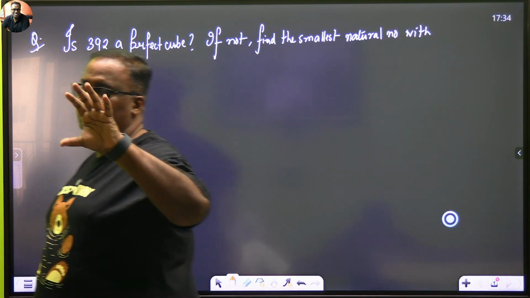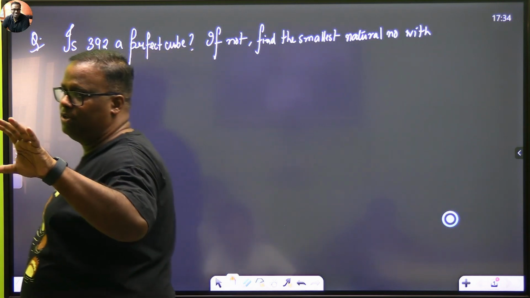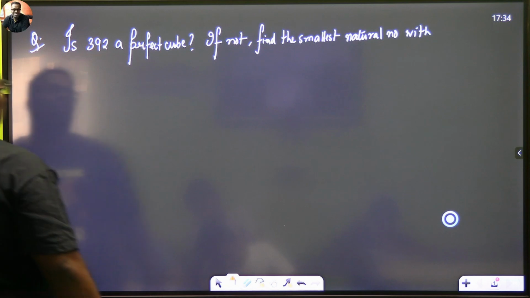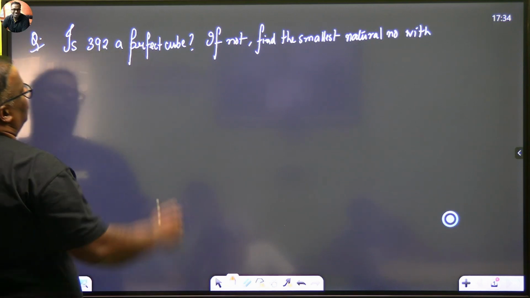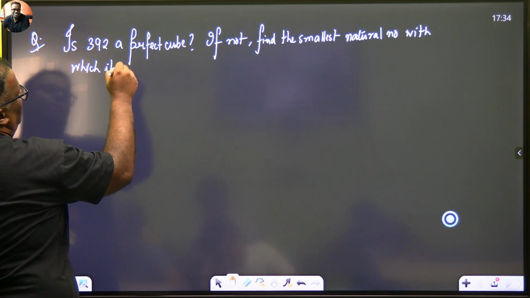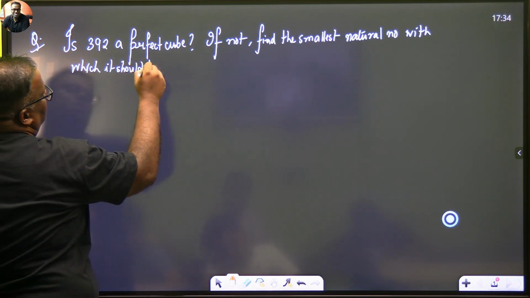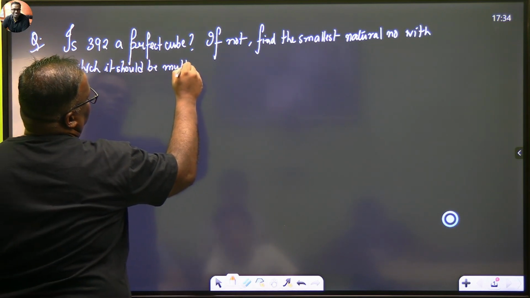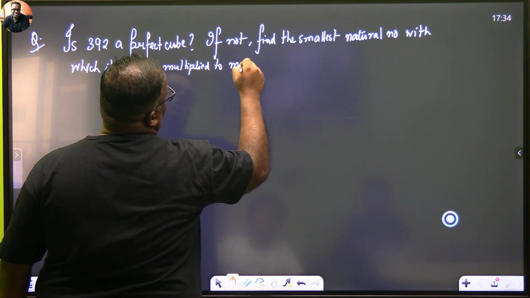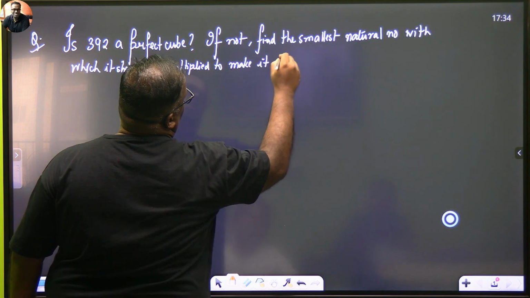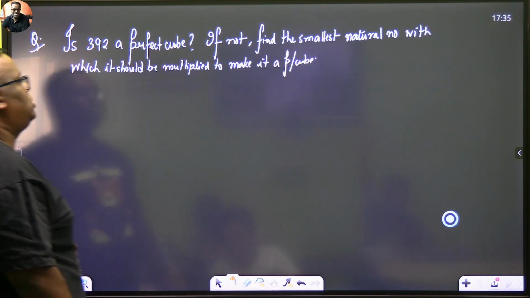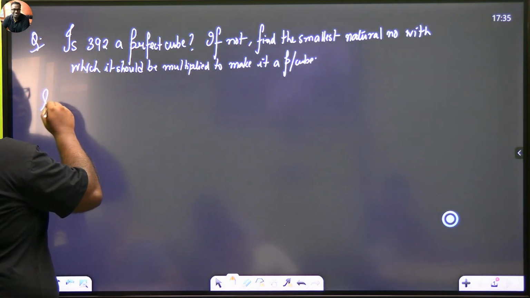A number can be a perfect cube, or it cannot be a perfect cube. If it is not a perfect cube, then you can make it one either by multiplying or by dividing. Here, with which it should be multiplied to make it a perfect cube. So we should know the procedure, how we do this problem.